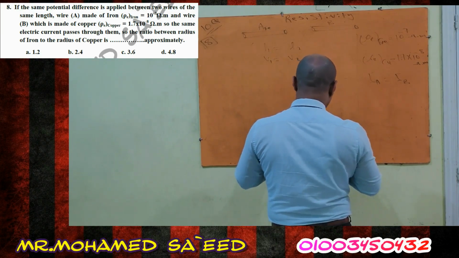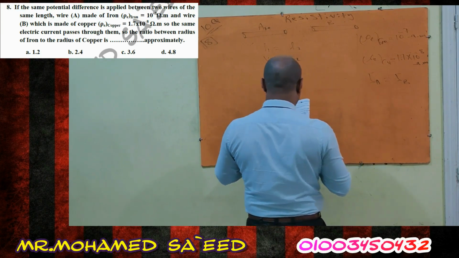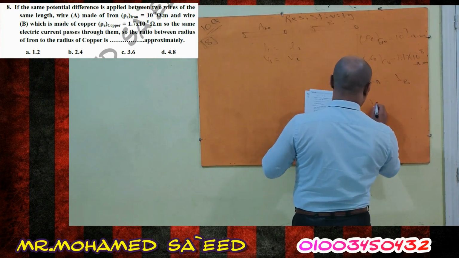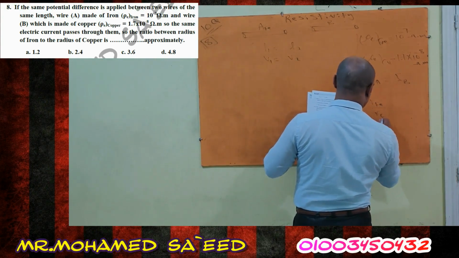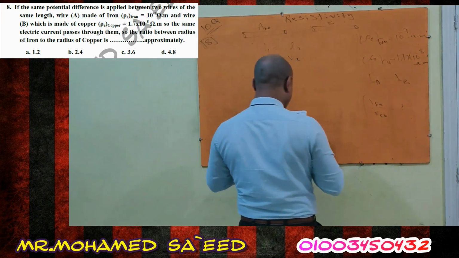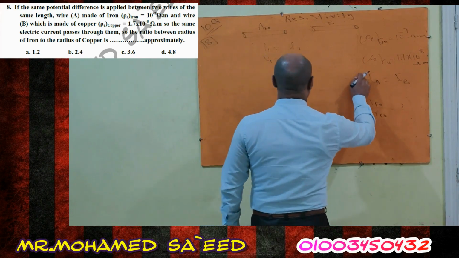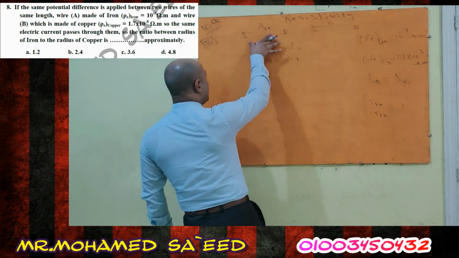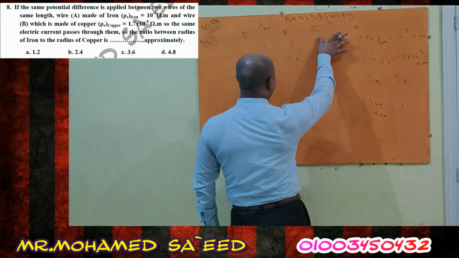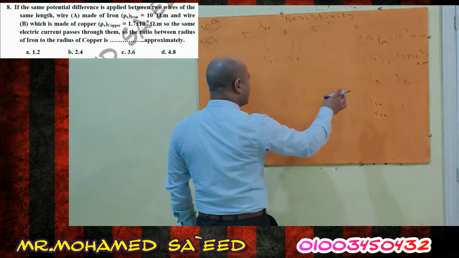So the ratio between the radius of iron to the radius of copper, R Fe over R copper, equals what? Approximately. From this information, the potential difference between the two terminals of wire A equals the potential difference between the two terminals of wire B, and IA equals IB.